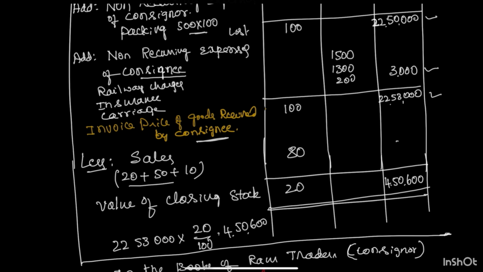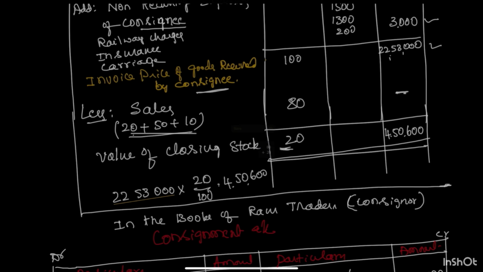Out of that, he has sold a total of 80 computers: 20 cash, 50 credit, and 10 taken by him. We don't want the sales price here, we just need to find what is the stock left. So remaining computers are 20.